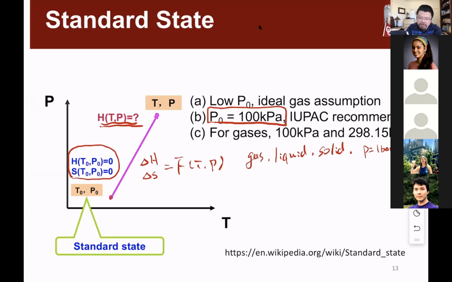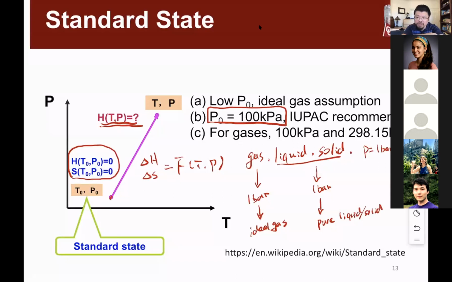At this low pressure, for gas, if this is 1 bar, we can treat this gas very comfortably as an ideal gas. For liquid and solid, we have the 1 bar requirement, and we have this as a pure liquid or solid. But we don't have the other assumption to go with it. This is the standard state.